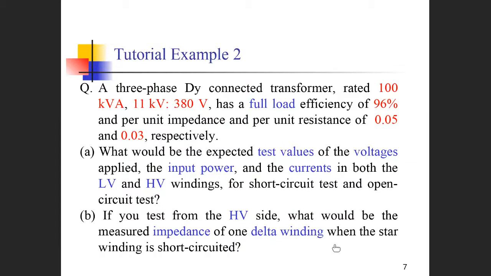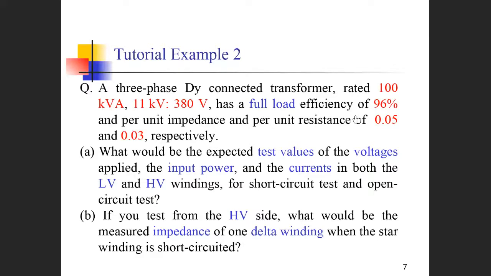But here we suppose that we know the efficiency of the transformer, given the transformer's internal impedance, internal resistance, and internal reactance. Look at here. This transformer is rated at 100 kVA, three-phase star transformer, and has a transformation ratio 11 kV over 380 volts, and has a full load efficiency of 96%, and per unit impedance and per unit resistance of 0.05, 0.03 respectively.